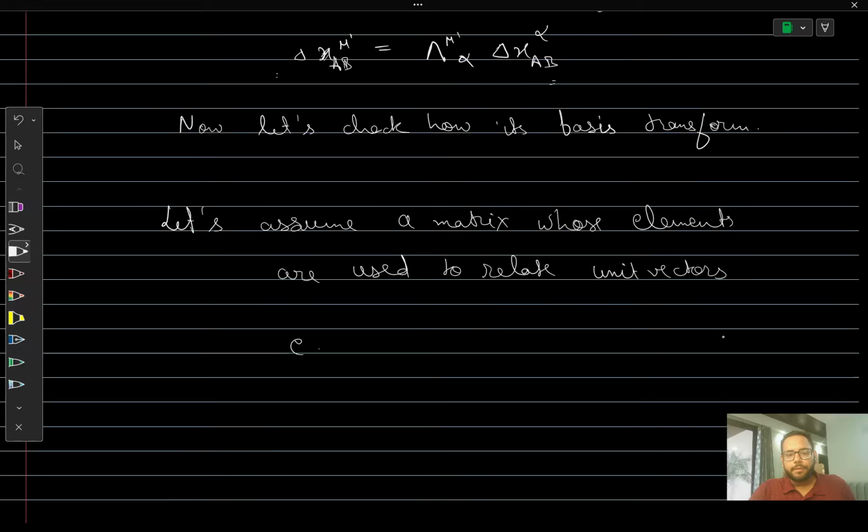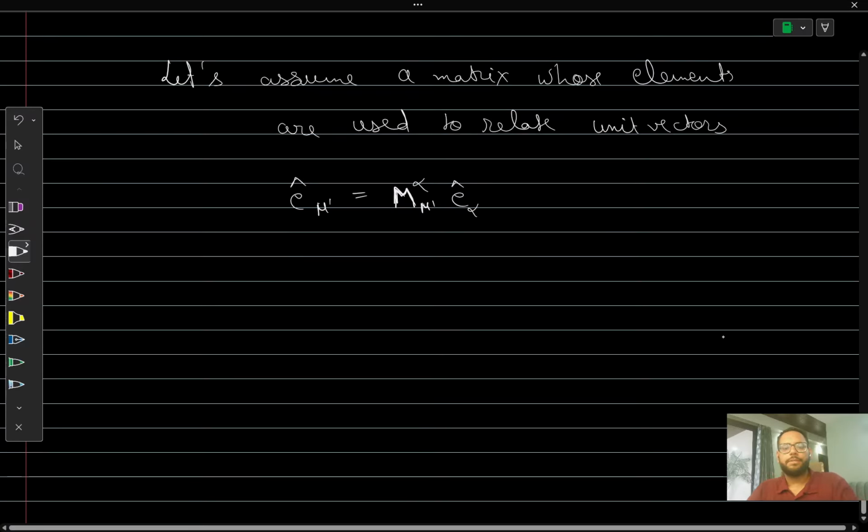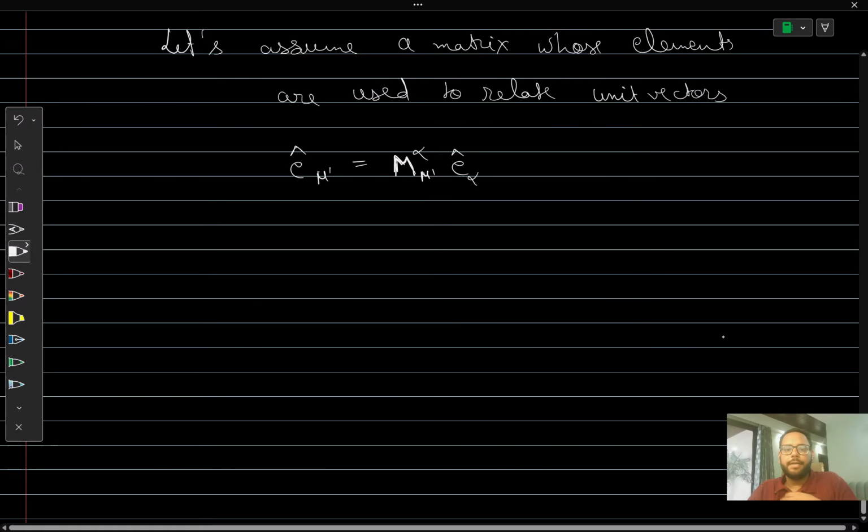Suppose this is my u prime unit vector, and of course you can write it following your Einstein conventions. This should be here only, and there should be a dummy index now. Let's take it alpha only. This is the unprimed coordinate system and this is the primed coordinate system, and the matrix will relate both of these, and this is reflected in the indices.